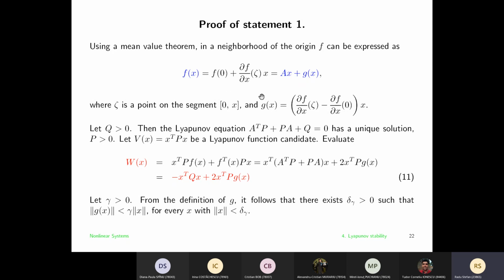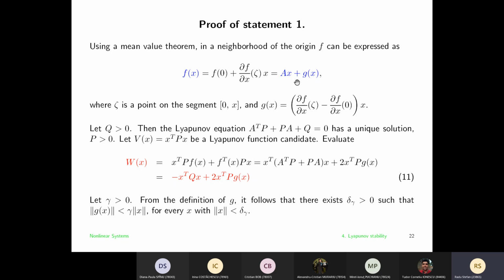But then we did a trick. We added the Jacobian evaluated in 0, which is A, and then we equally subtracted it, because otherwise we don't get the right expression here. So the expression of f is this one, and we added Ax to this and subtracted it from this.